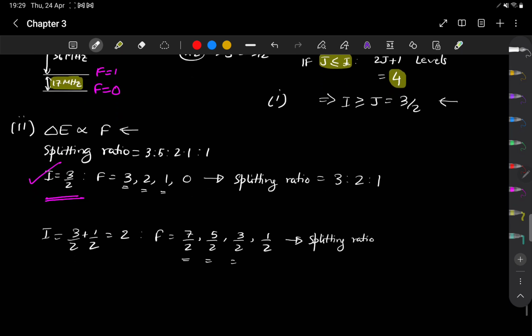So what we need to find out is 5 by 2 divided by 3 by 2, that is 1.7, and then 7 by 2 divided by 3 by 2, that is 2.3.